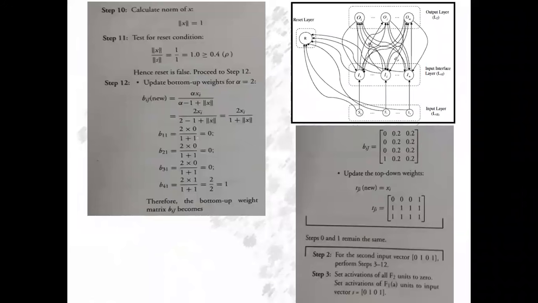We calculate the norm of x just by adding all the ones and zeros present in your new x. After calculating this norm, we have to divide norm of x by the norm of your input sample.